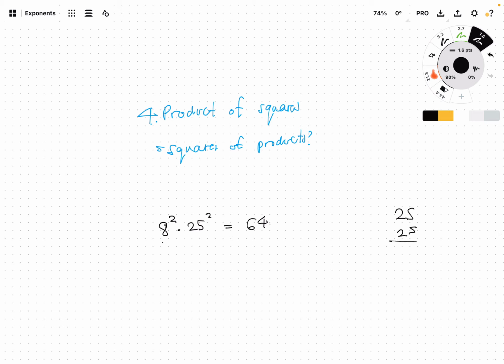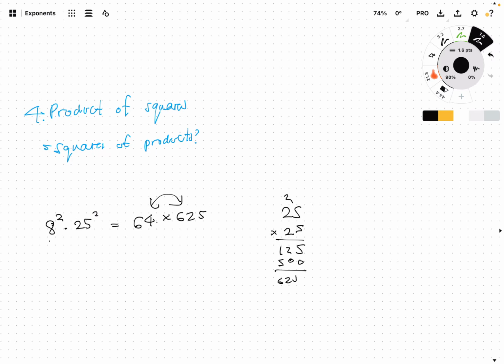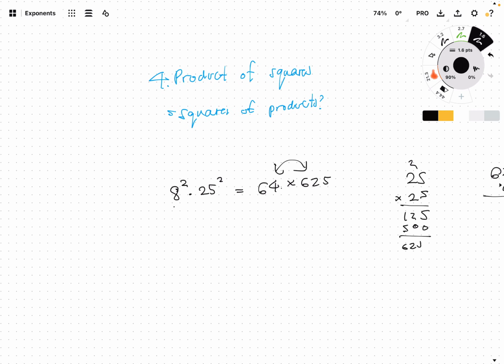You do this vertical multiplication. And let's say you somehow end up getting the answer after a while, which you probably will, but it just takes some time. Then you have another ugly multiplication. And it's just so long. But after all this time, you will get that the answer is 40,000.